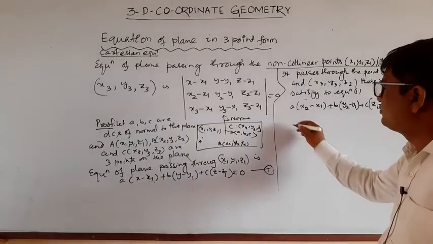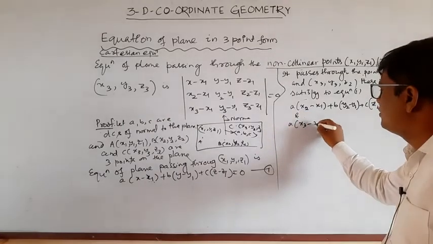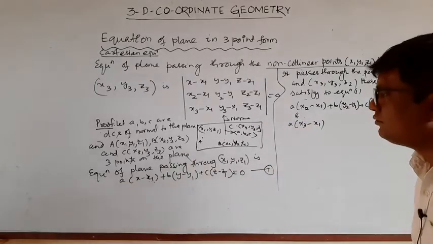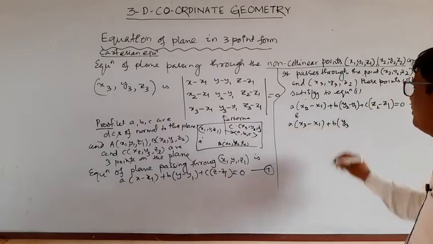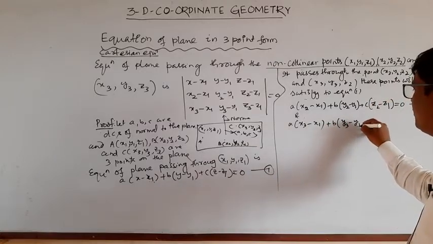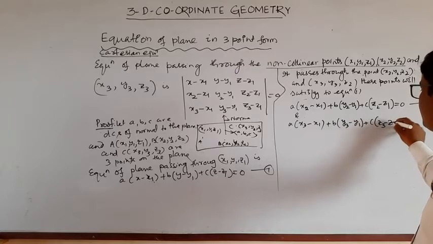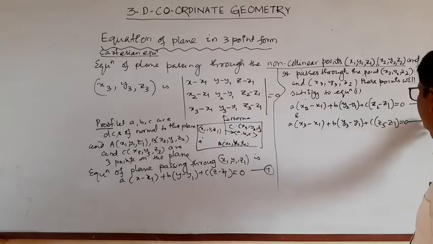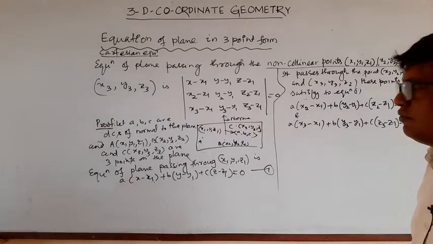And a into x3 minus x1 plus b into y3 minus y1 plus c into z3 minus z1 is equal to 0. Equation 3. Eliminate a, b, c from equation 1, 2 and 3.